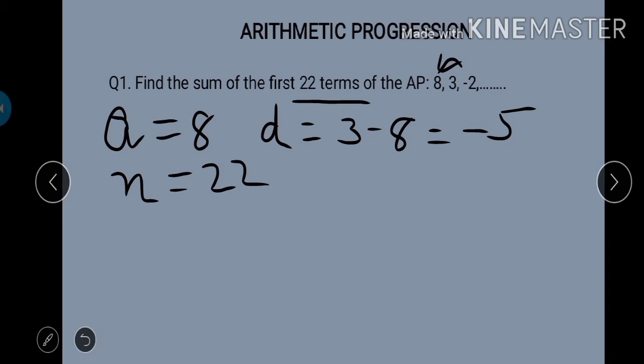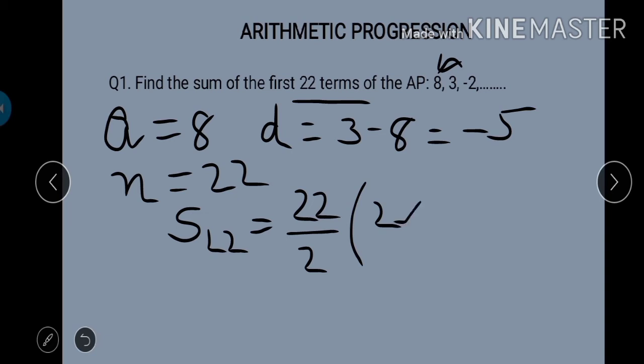Now replace the value of each term in Sn. n is 22, therefore 22 upon 2, that is n upon 2, into (2a, that is 2 into 8, plus (n minus 1), that is 22 minus 1, into d, that is minus 5).